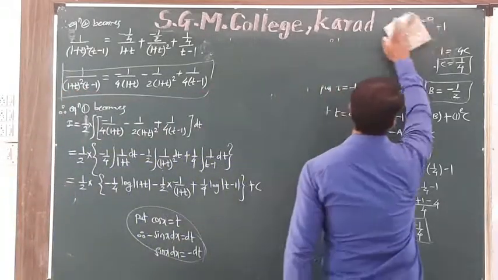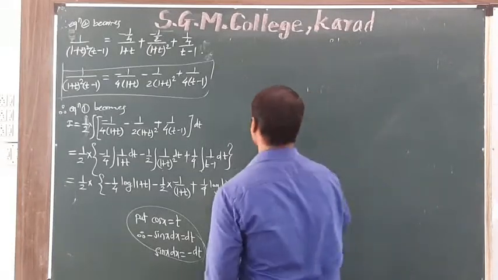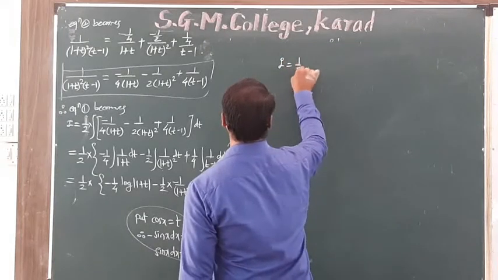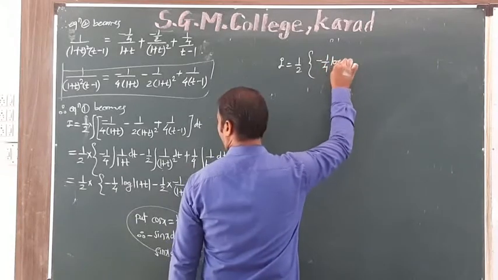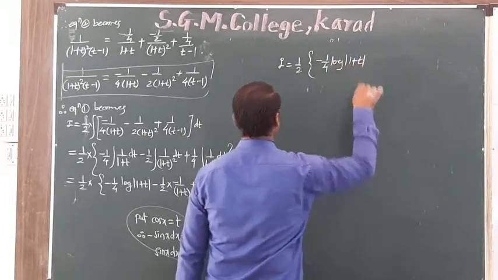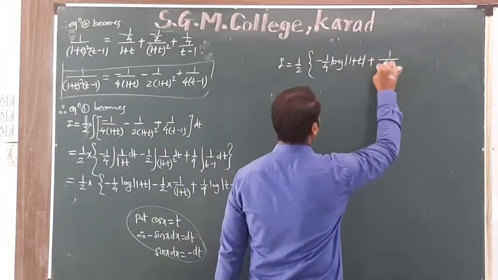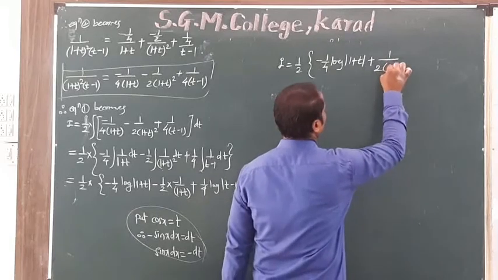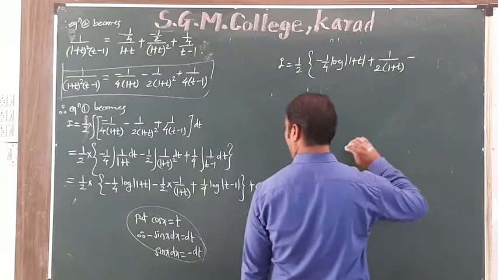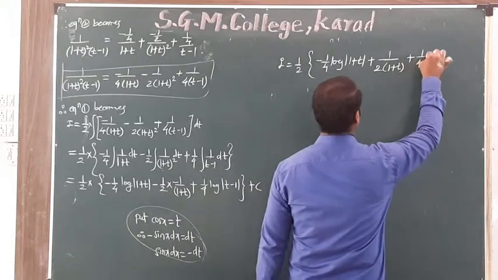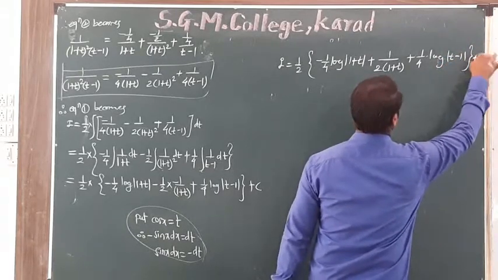Therefore, next step, after simplification we write I is equal to 1 upon 2 into minus 1 upon 4 into log of mod of 1 plus t. Minus minus becomes plus 1 upon 2 into 1 plus t, plus 1 upon 4 into log of mod of t minus 1, plus c.